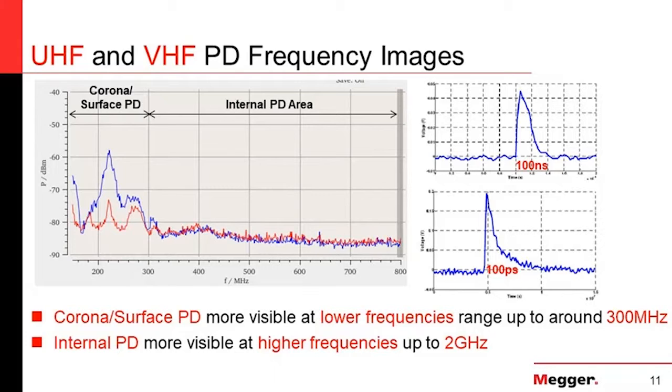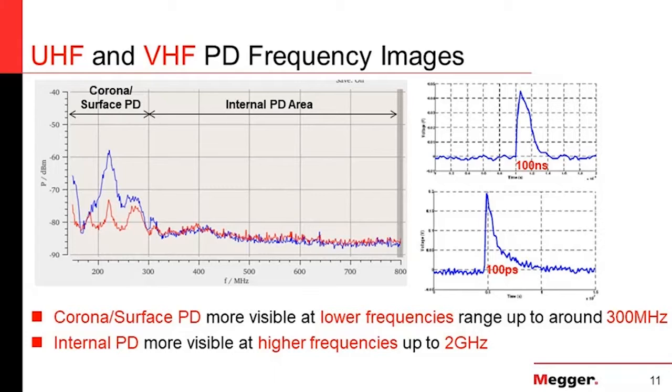But we know internal partial discharges happen in the range of 100 picoseconds or something like that, which are really sharp. So the frequency image is most probably in the higher range of the frequency spectrum, which is UHF.